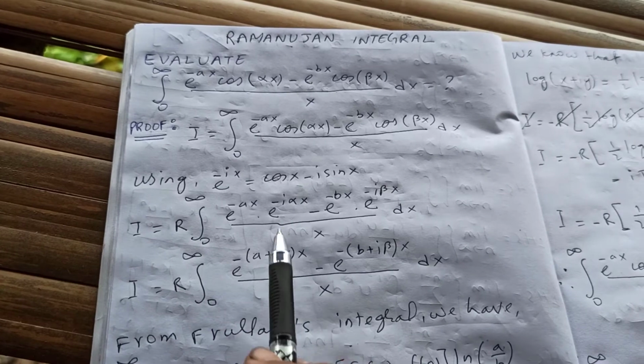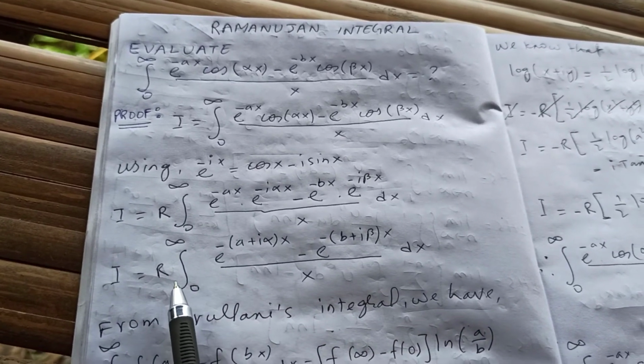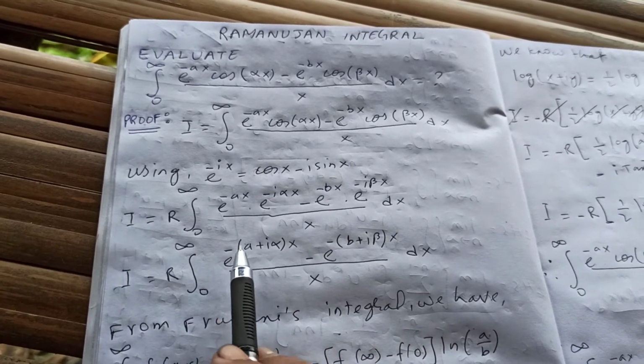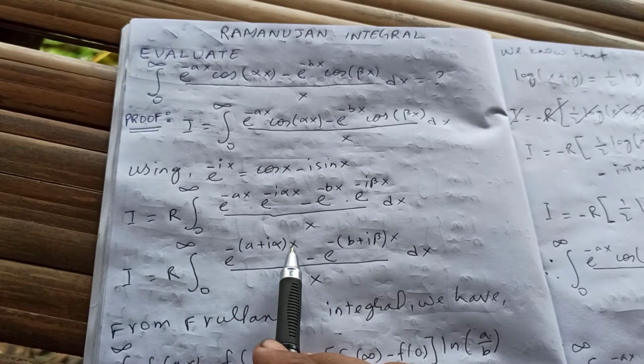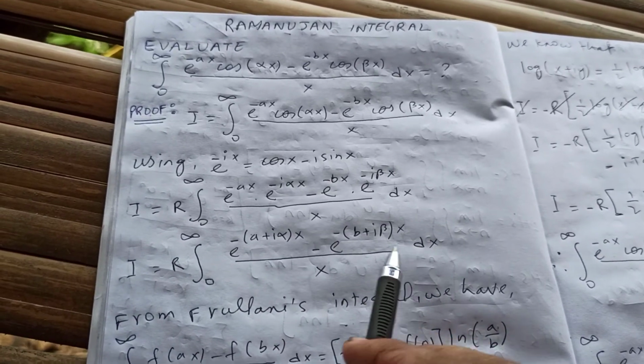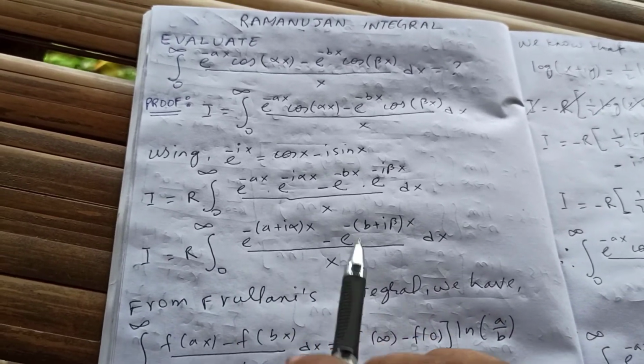Now combining these two using the exponential law, our integral I is the real part of the integral from 0 to infinity of (e^(-(a+iα)x) - e^(-(b+iβ)x)) dx / x. Now we can use our Frullani integral.